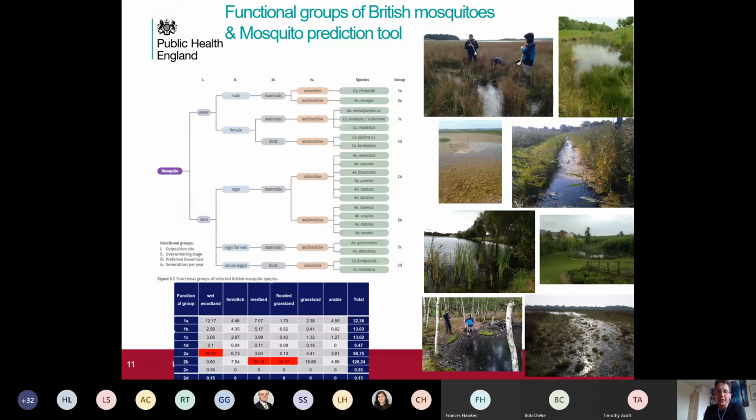You can see here, and this occurs in the guidelines and will be explained much further in the handbook, the different species of mosquito that we have, the more common species, and how they are separated into these functional groups. At the bottom, you can see some data from Wood Walton Fen that looks at numbers of mosquitoes in the traps per night. You can see the areas of the wetland system that have larger numbers of mosquitoes and which of those functional groups they belong to.